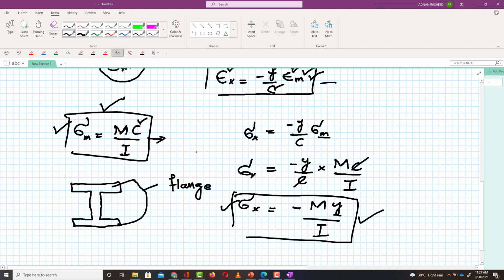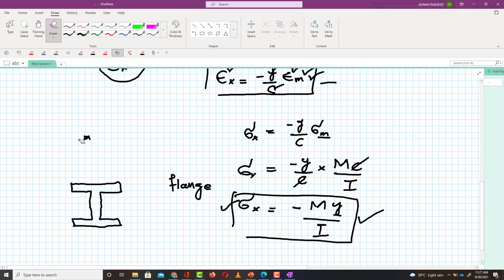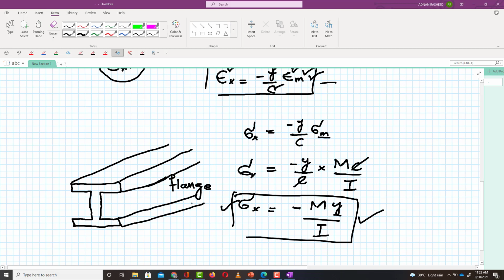If I draw it in 3-dimensional, this plate will be the top plate, this is the bottom plate, and so on. This top one is known as flange, and this below portion is also known as flange.